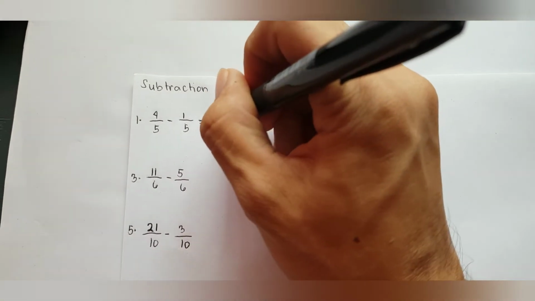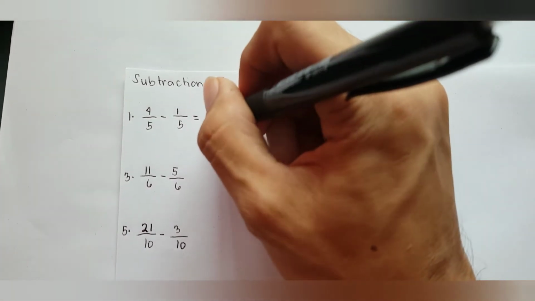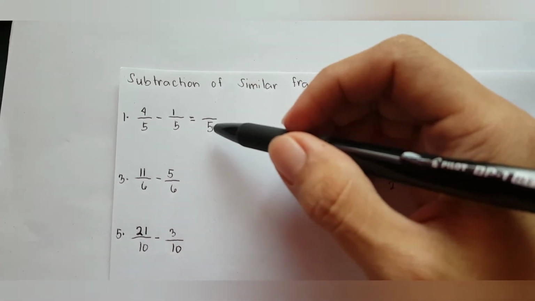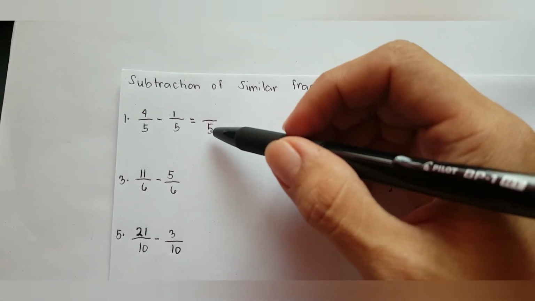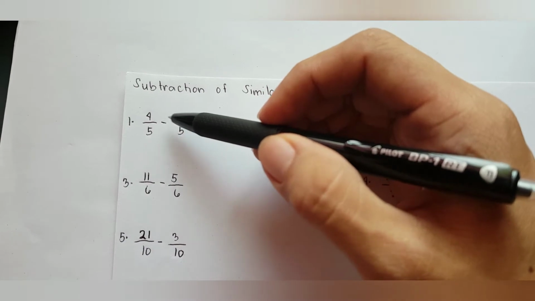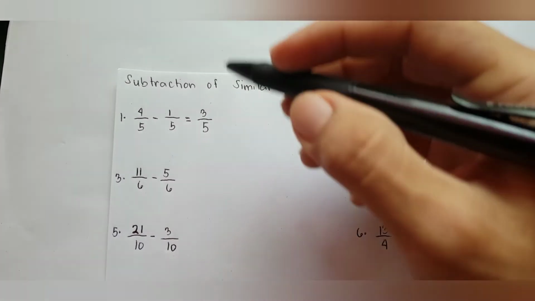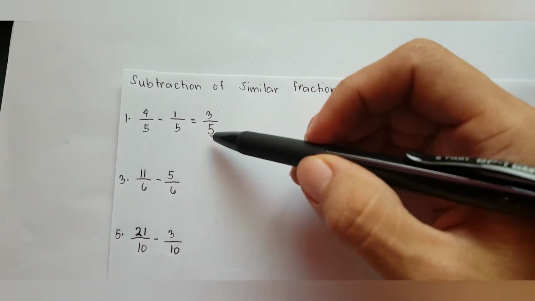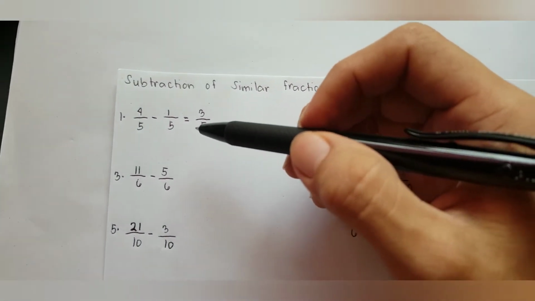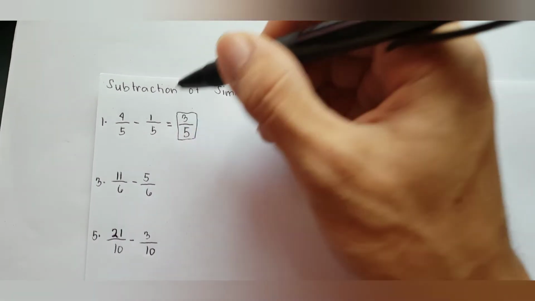So for 4/5 minus 1/5, copy the denominator, which is 5, and then directly subtract the numerators. 4 minus 1 is 3. As you can observe, 3 over 5 can no longer be simplified to lowest term. Therefore, 3/5 is our final answer.